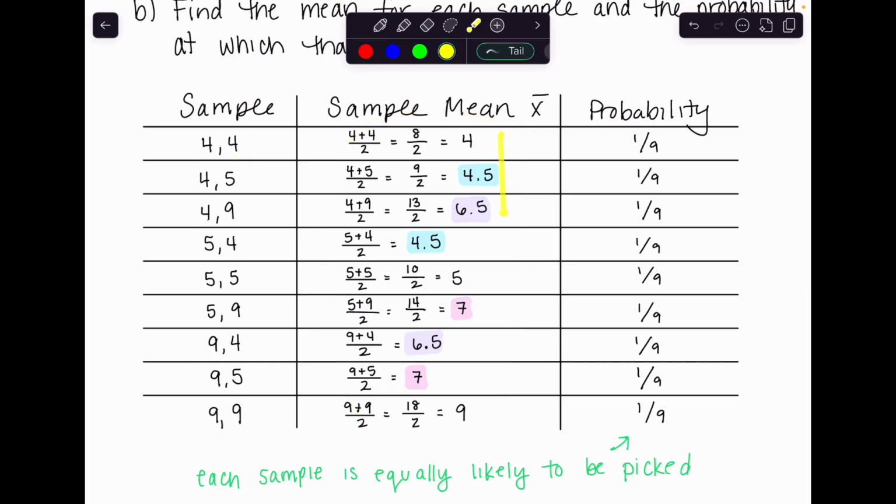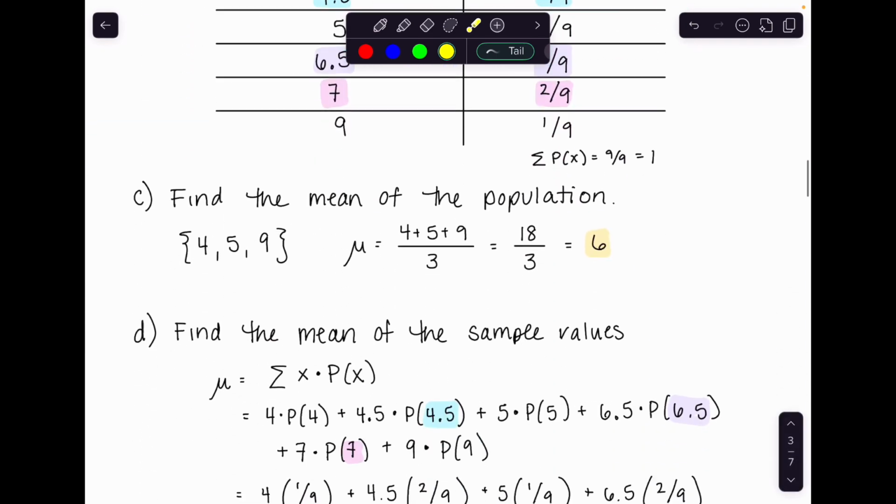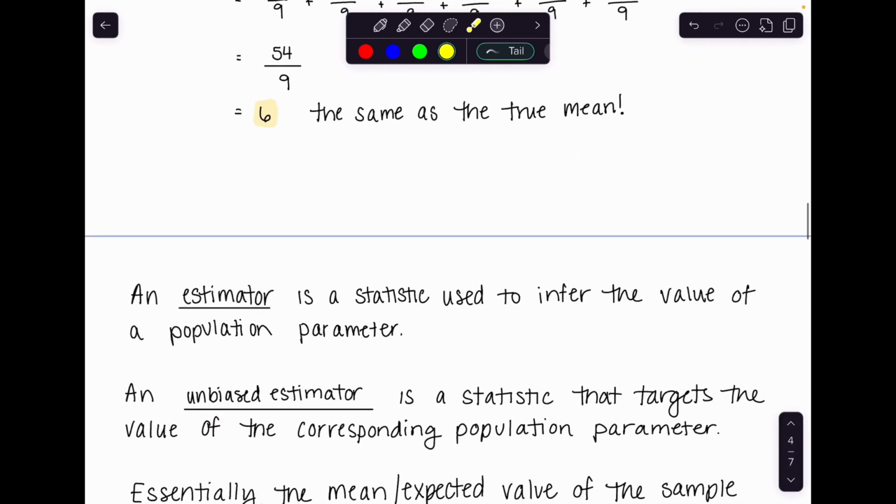Once you then find the mean of this, or the expected value, it should be identical to the true value. So the mean of my sample proportions or the mean of my sample variances would be the exact same as the real proportion or the real variance, okay? So these are the unbiased estimators that we want.